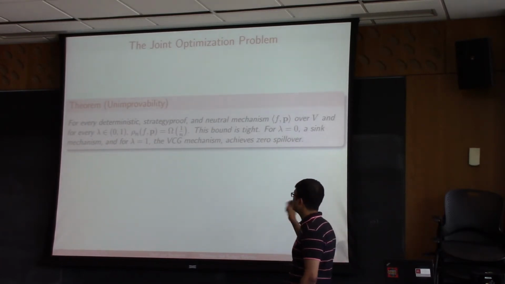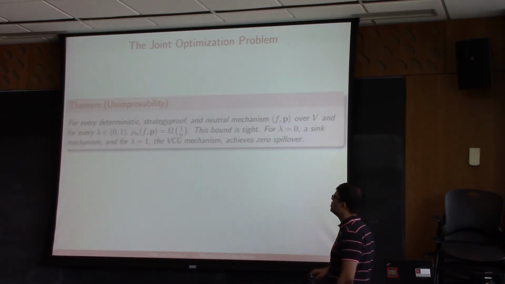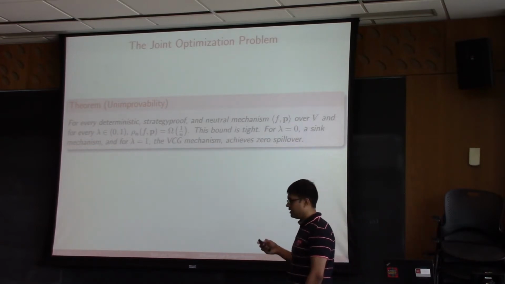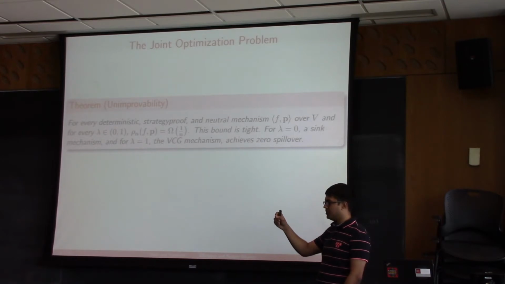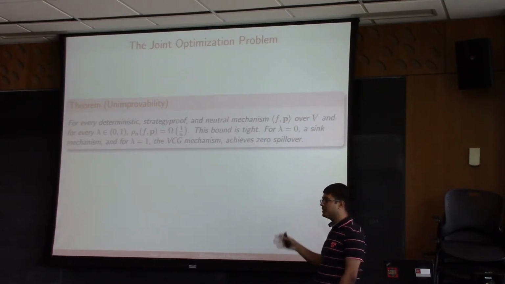And in the two extreme cases where lambda is 1 or 0, you have mechanisms which can drive this inefficiency down to 0. So this result does not say that for a particular n you cannot have a better joint mechanism. It's just saying that in the asymptotic case, considering this joint problem is not any better than considering the case where the mechanism is budget balanced and we are trying to minimize the inefficiency.